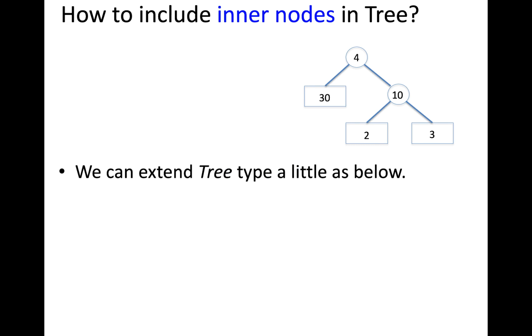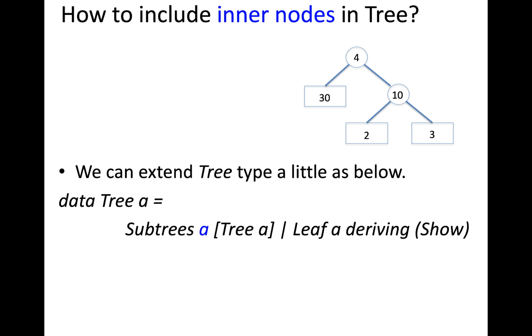Now in some other application, it may be important to include not only the leaves in the tree, but also the inner nodes. So inner nodes can have some values in some application, and in that case the tree type we can define as similar before, just one extra thing we need to add, which is 1a, and that can stand for whatever type and value the inner node has.